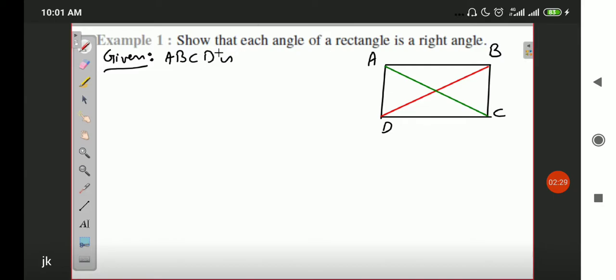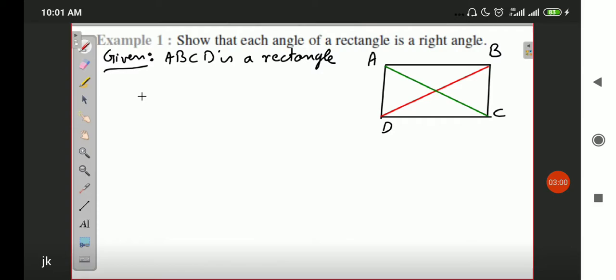ABCD is a rectangle. Students, in this chapter, as we have done in theorems, so we will do in questions, we might be required to prove once again the properties of the parallelogram, rectangle, rhombus and square that we have already learned. So keep this in your mind when we are proving certain properties of a rectangle or any type of quadrilaterals.